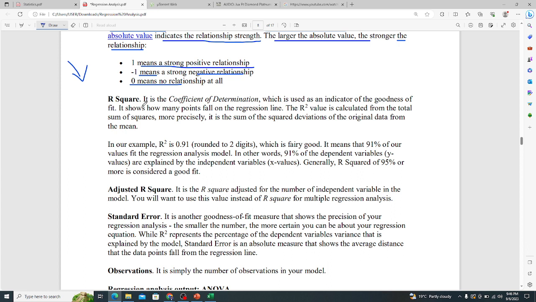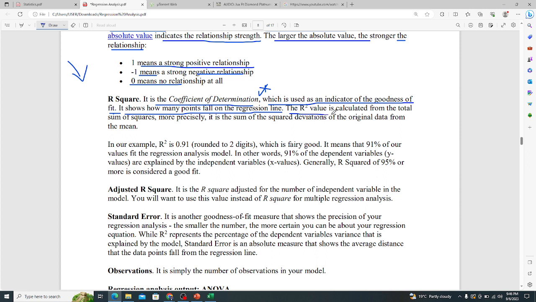R squared. R square is the coefficient of determination, which I remember telling you, is used as an indicator of goodness of fit. It shows how many points fall on the regression line, like how many data points were used to build the model and to create the regression line.